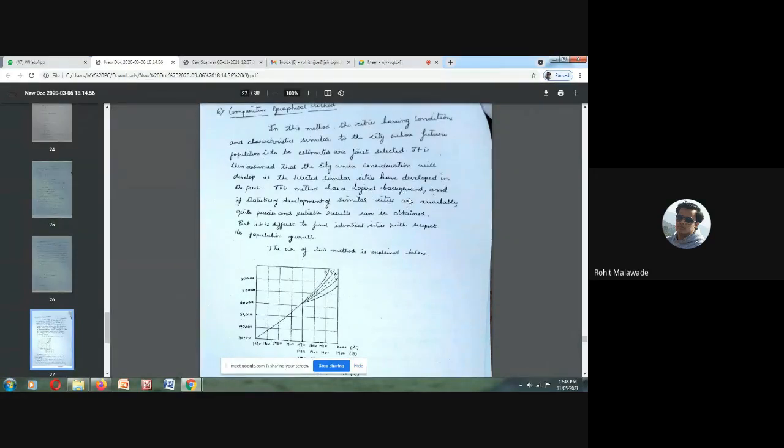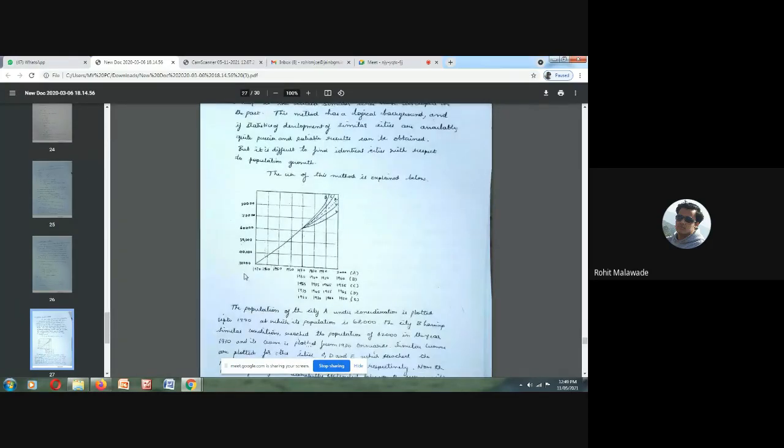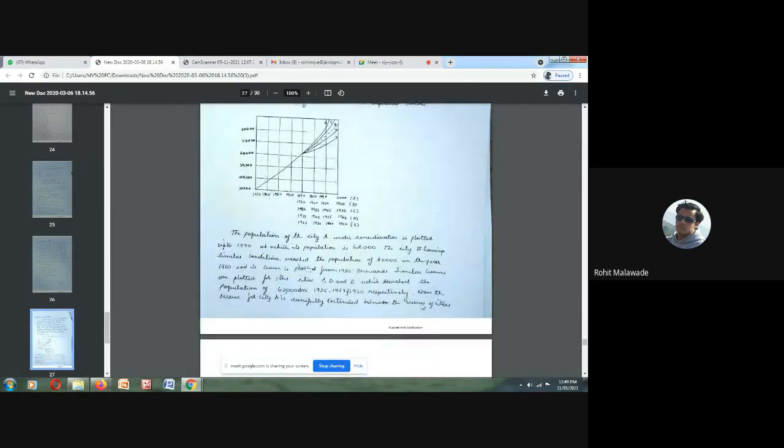This method has a logical background, and results can be obtained from the development of the similar city. We want the population of successive decades, so we will determine the required population.